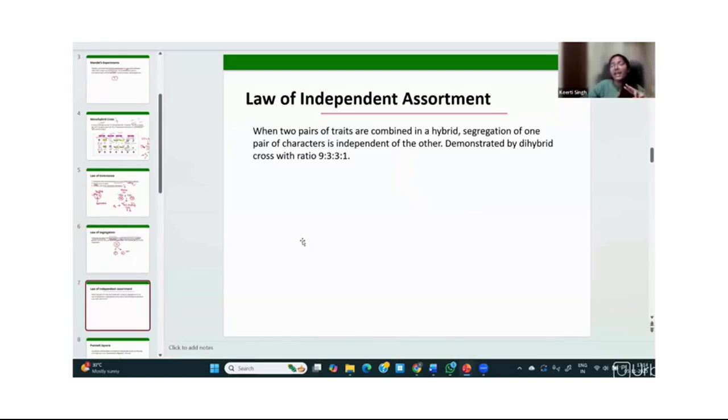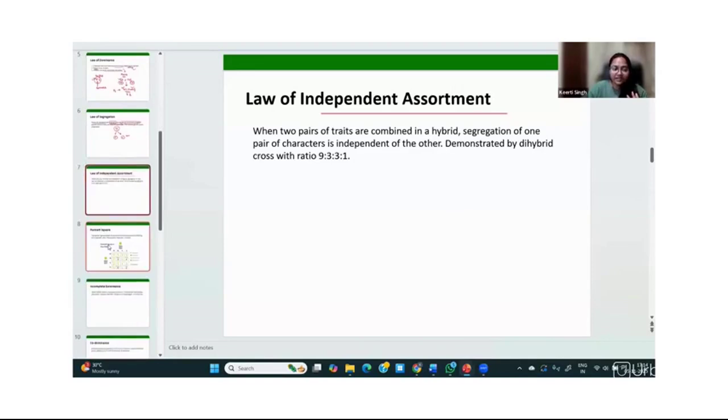It will not happen that if a plant is tall and has a white flower, then in the next generation only the tall plant will have the white flower. That will not be the case. It may happen that the short plant will also have a white flower. So the assortment will be independent, right?